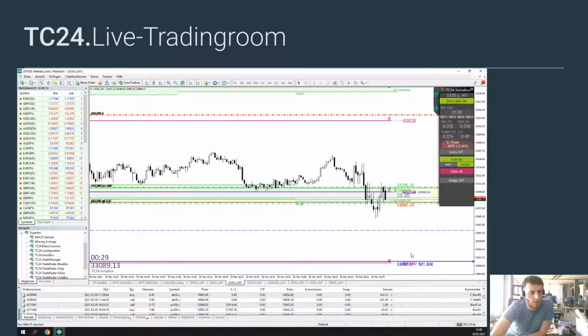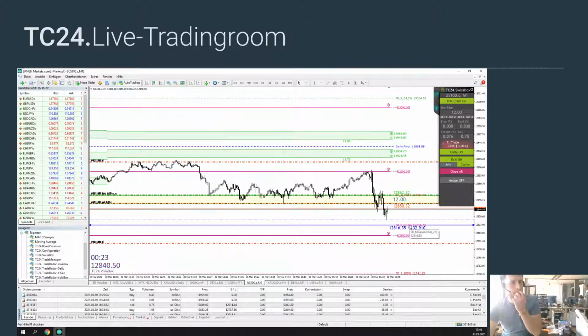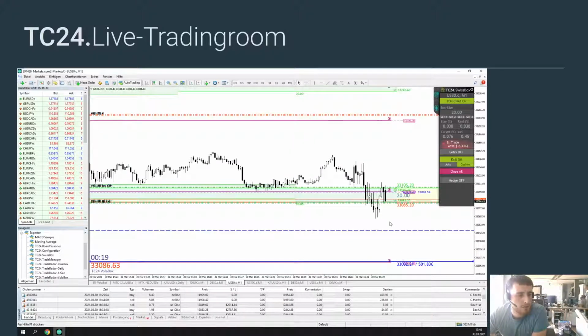We'll close it before it hits that take profit, unless there's a huge candle, of course. But the idea is sometimes we move the take profits in a nice distance in case we get one of those abnormally long candles, as you've probably well seen in the chart, sometimes over 100 points long.